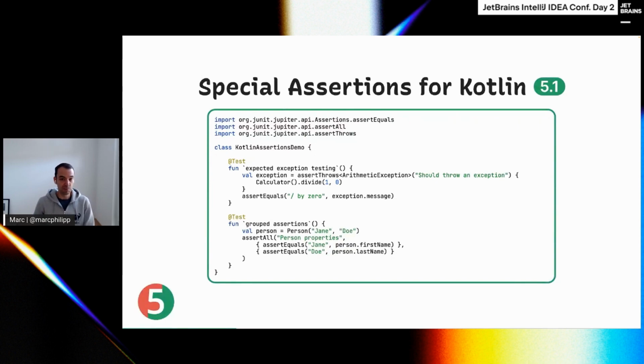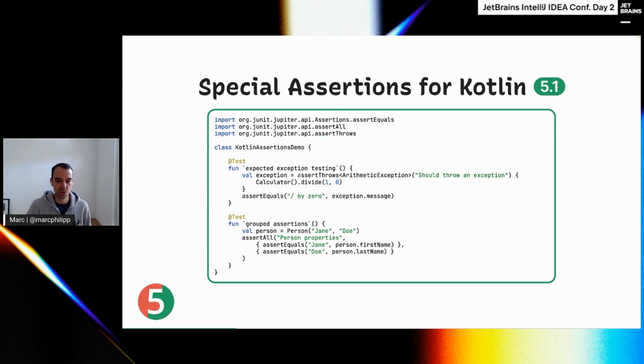There's also some special support for Kotlin. We have some top-level functions or extension methods that you can use to write more idiomatic assertions in Kotlin. As you can see here, we have 3 imports. The first one is the regular static method from the assertions class, but there's 2 top-level functions here that we import from the Jupiter API package.